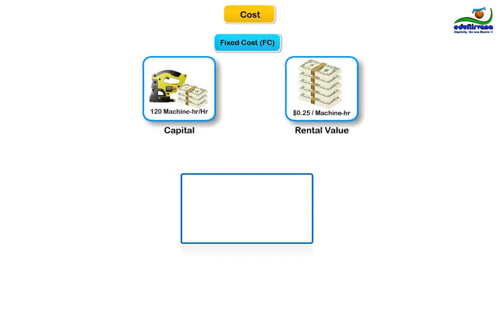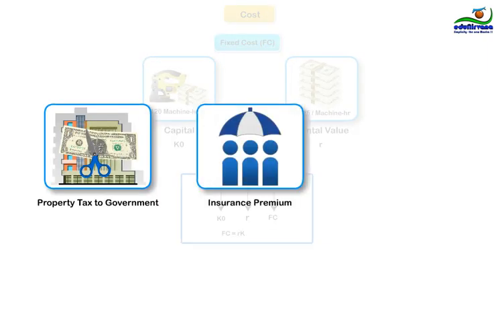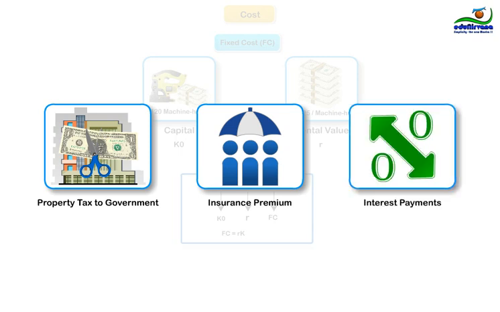So for utilizing our total capital for 1 hour, rental will be $30 per hour. This cost is fixed cost, which means that it does not vary in the short run as the level of output varies. More generally, if K0 denotes the amount of capital and R is its rental price per unit, we have FC equals RK0. Other examples of fixed cost might include property taxes, insurance payments, and interest on loans.